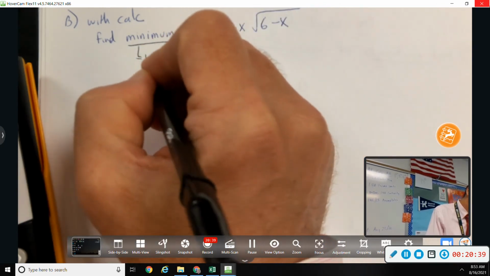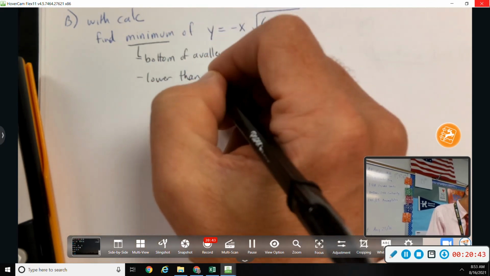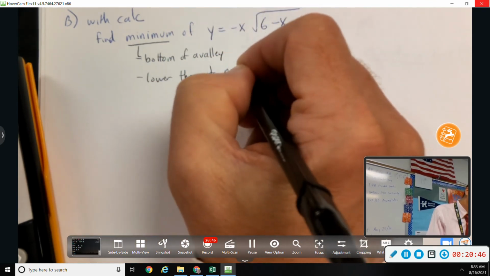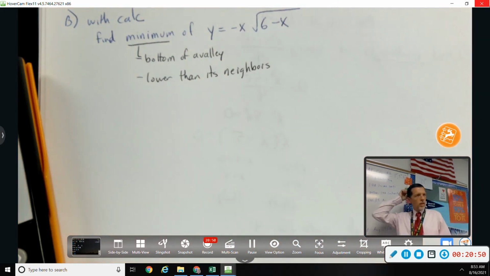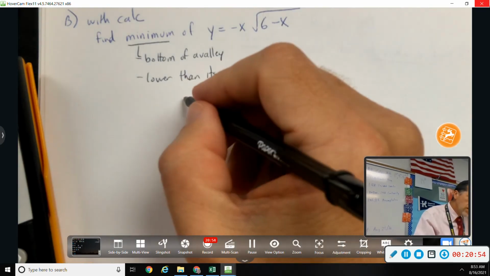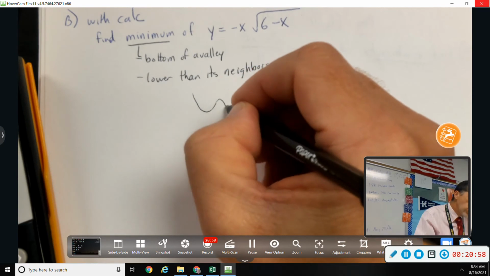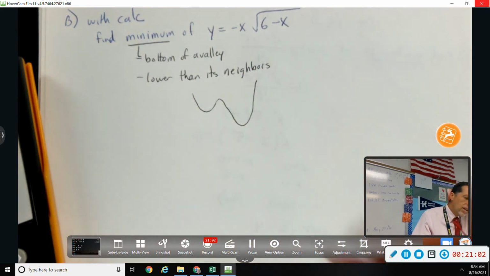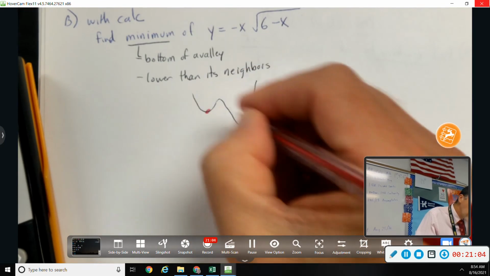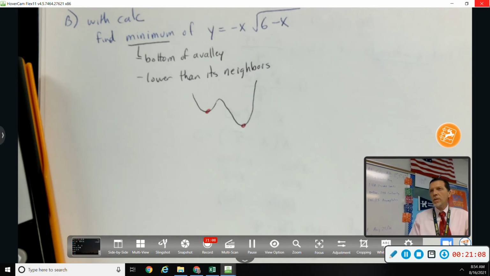It'd be a point that's lower than its neighbors. So if the graph looked like that, there would be two relative minimums or local minimums.